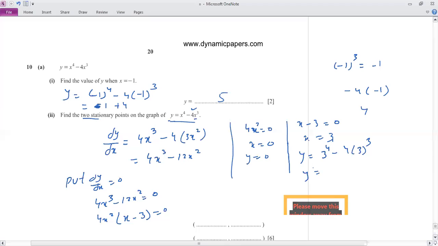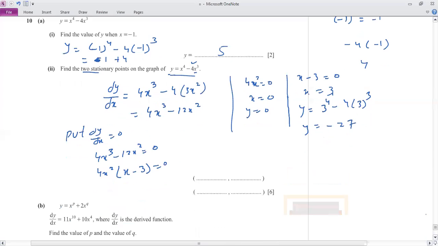If you calculate that, y will be -27. You can check. So one of the points is (0, 0) and the other point is (3, -27). So these are the two stationary points.